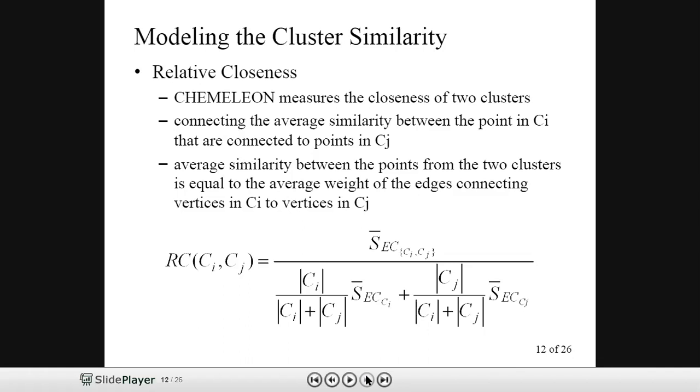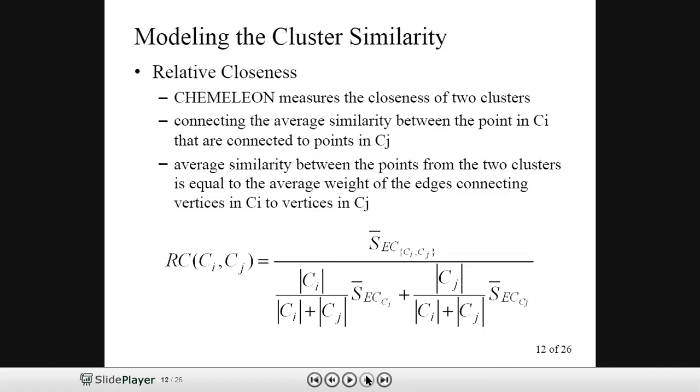Similarly, S-bar EC(Cj) is the average weight of the edges which partition Cj into two equal parts. So the relative closeness formula is like this.